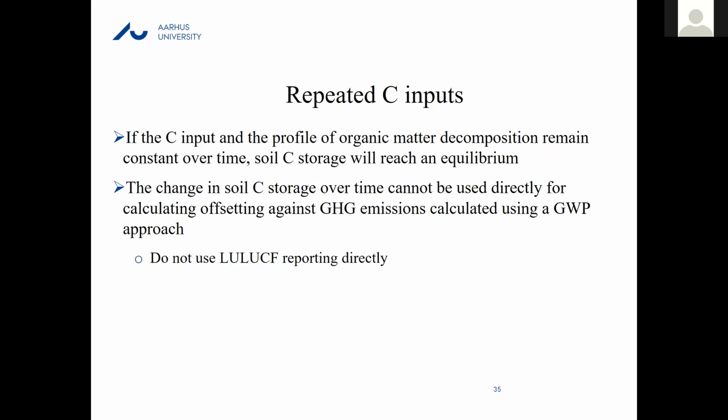That does mean that the reporting of carbon storage changes in the land use change reporting cannot be used directly.